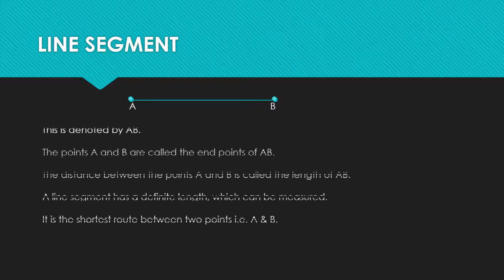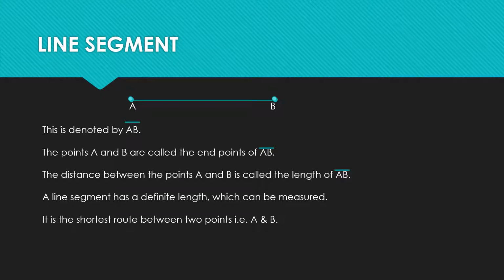Now we understand what is a line segment. Let A and B be 2 points on a plane. Then the straight path from A to B is called the line segment, and it is denoted by AB with the segment symbol above it.